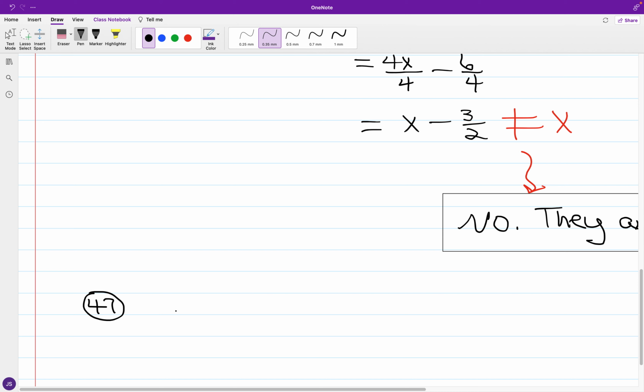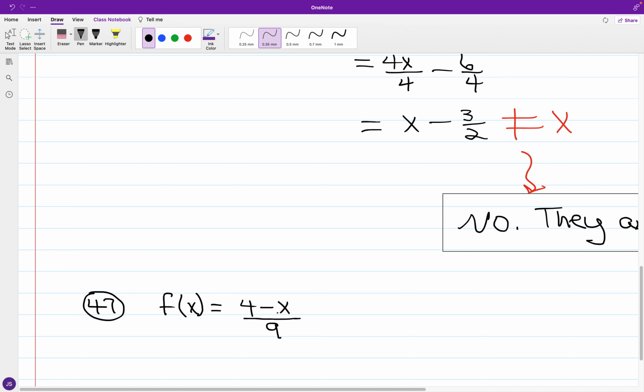In 47, we have f of x is equal to 4 minus x over 9. So we have a kind of a way of expressing a linear function.